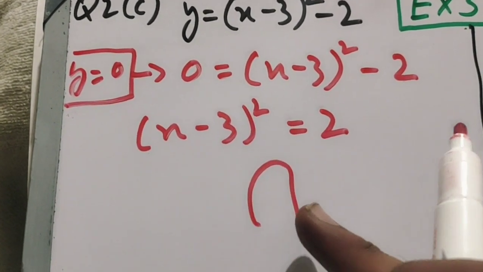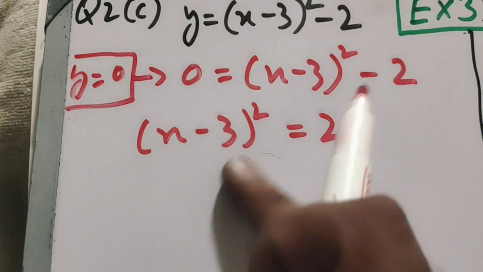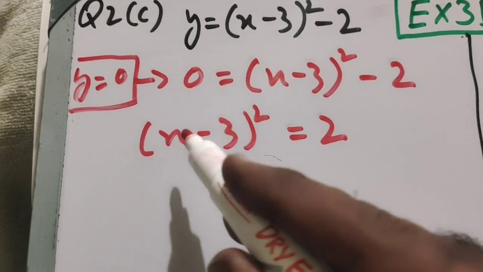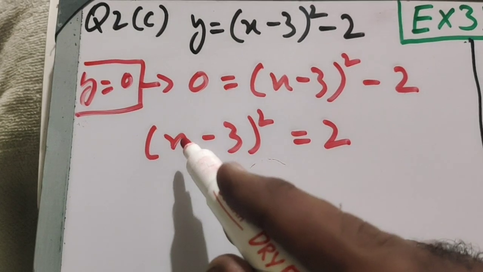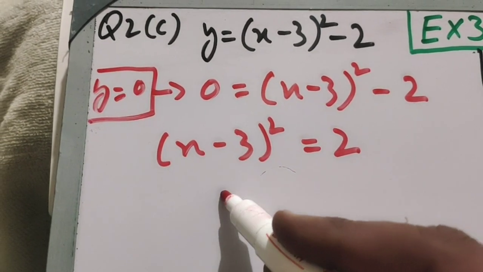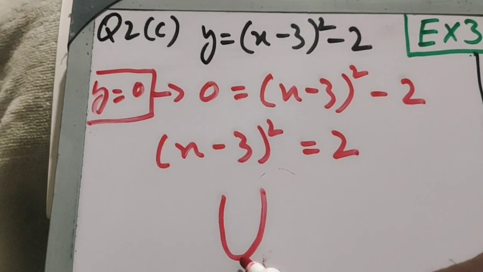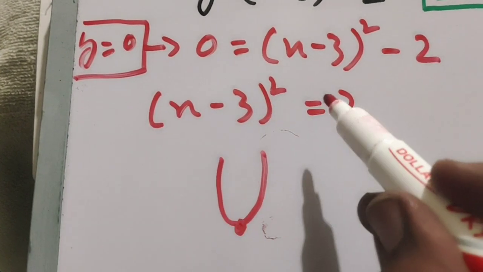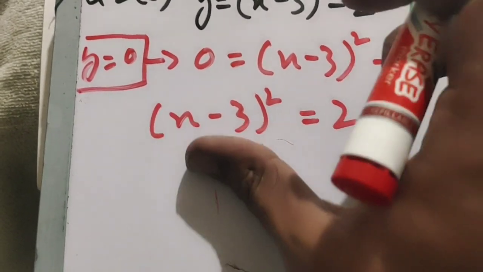So please always keep this in your mind. Here x square is positive, so the graph will be upward and it gives us the minimum point.